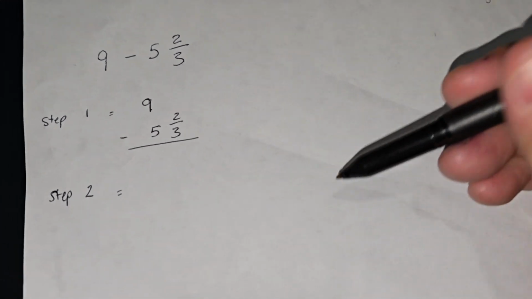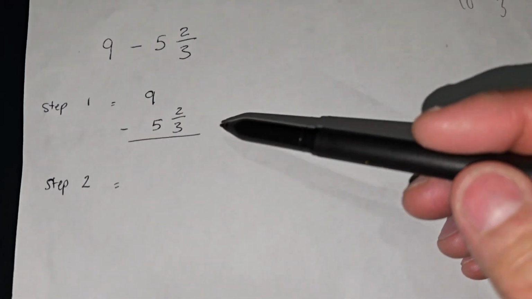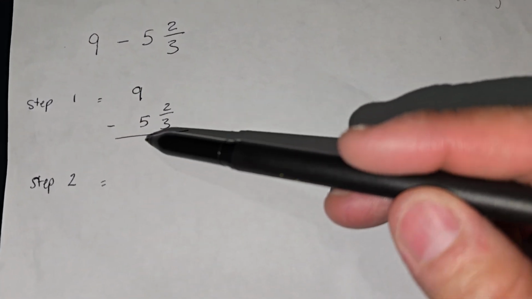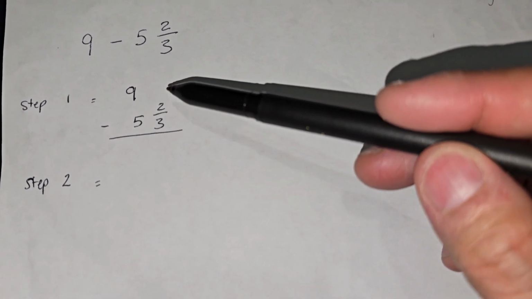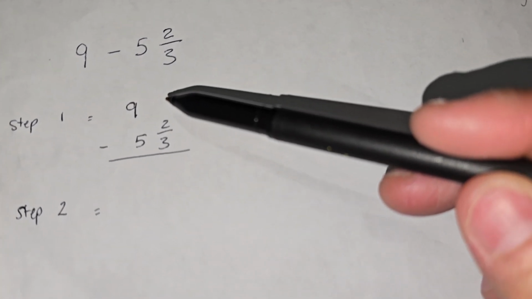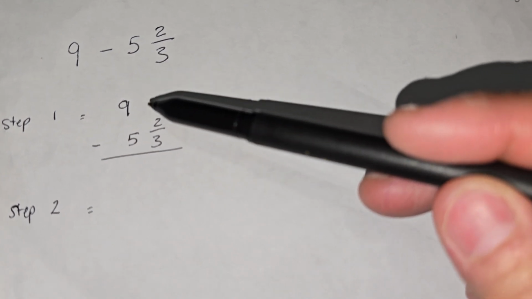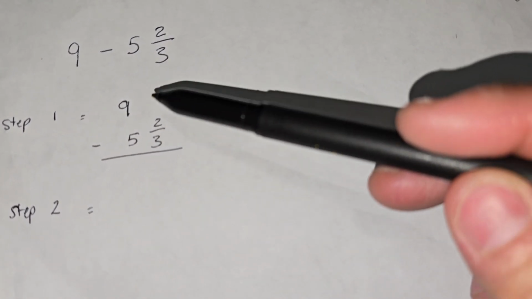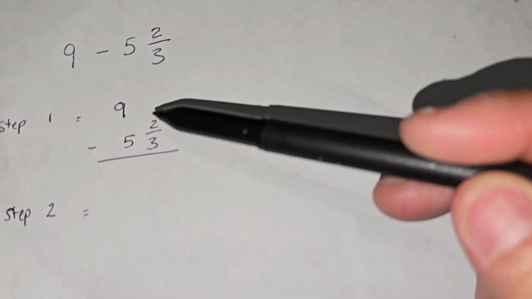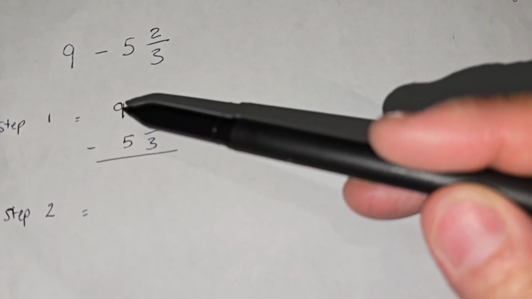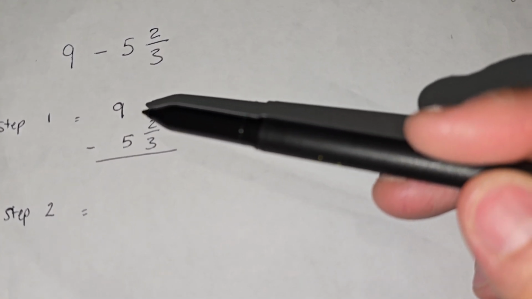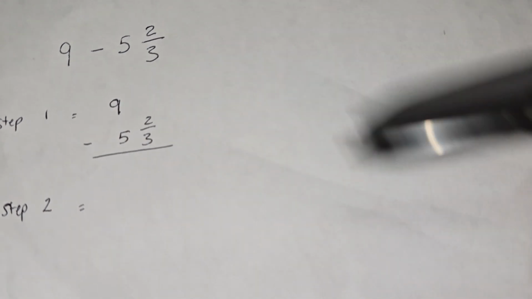Okay, so now when we have it written out like this and we're trying to do the subtraction problem, we can't, because there's nothing for this fraction, the 2/3, to subtract from. So that means there's a 0 over here. So we need to borrow from this 9 to make that work.